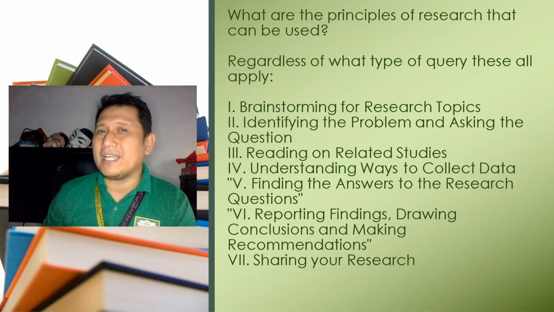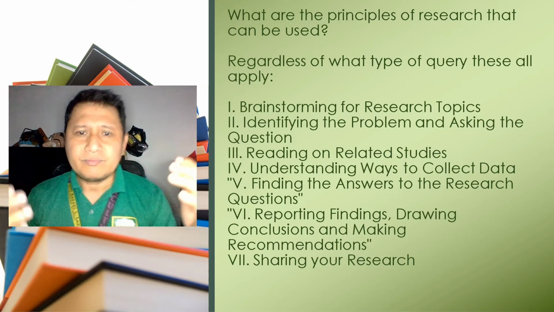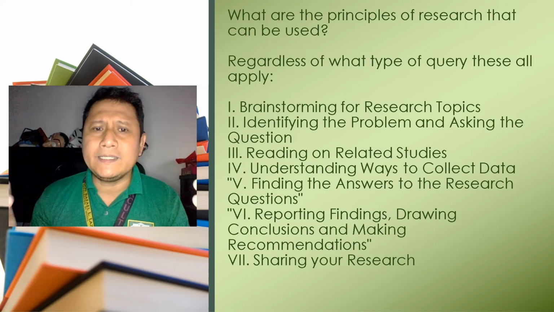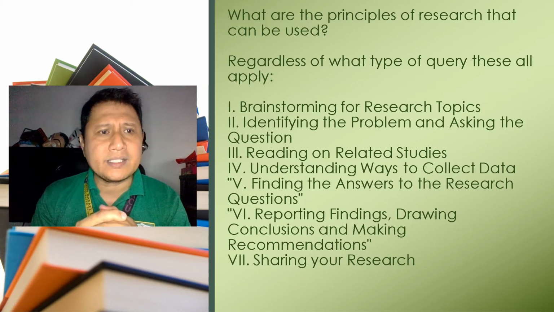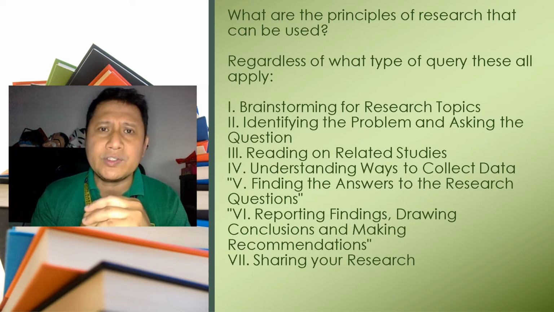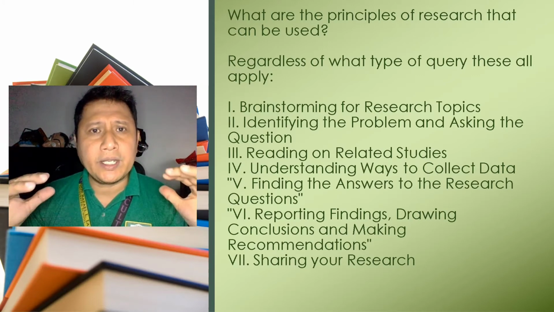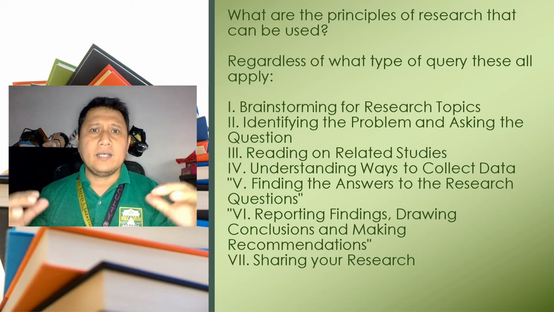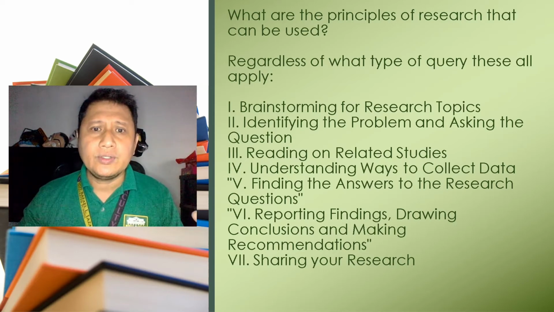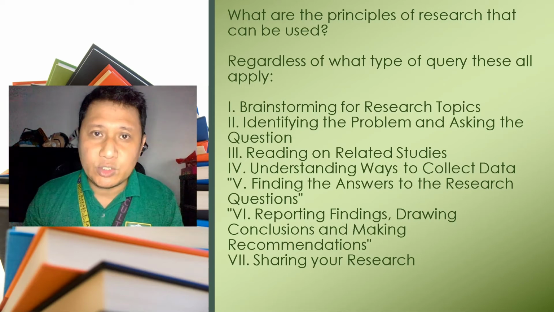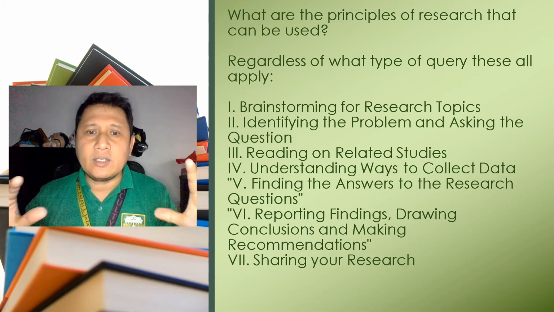Principle number 2 applied. 3Is. There you go. Reading of related literature. Before going into business or into a certain project, you have to understand the scenario. And certain literature can help you what? Understand the situation. There you go. Related literature. Understanding the ways to collect data.